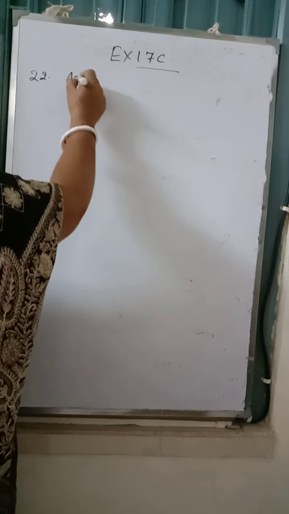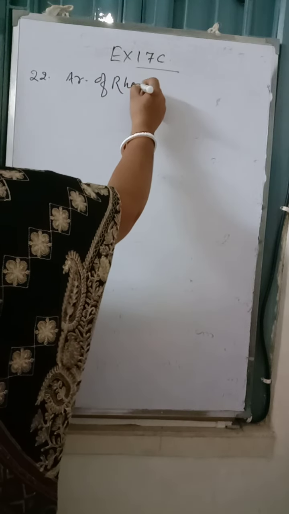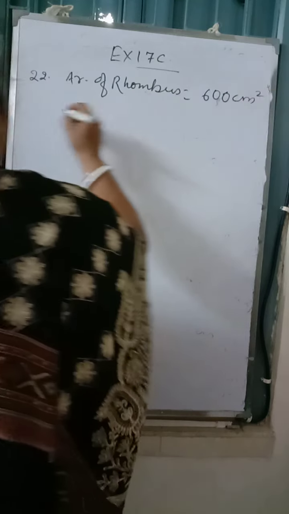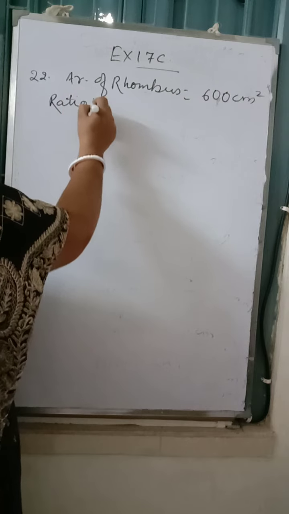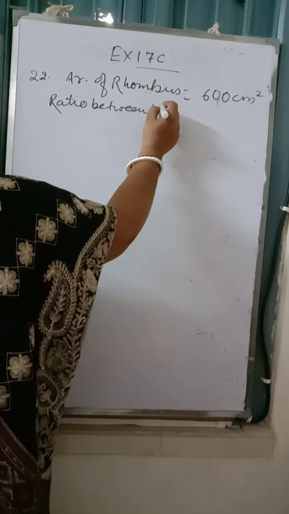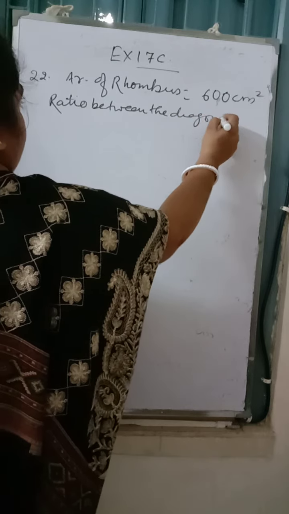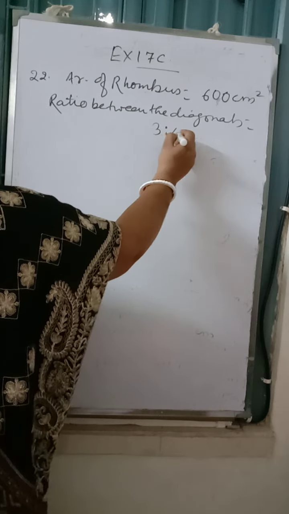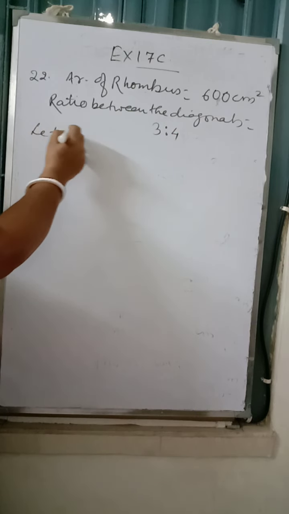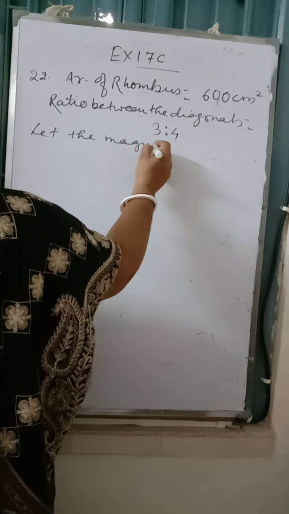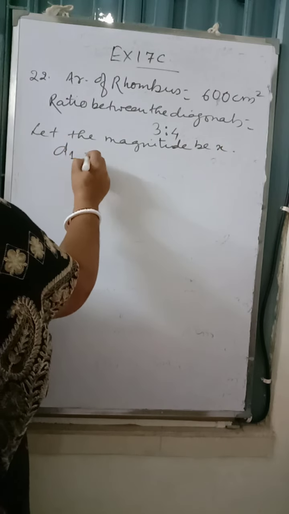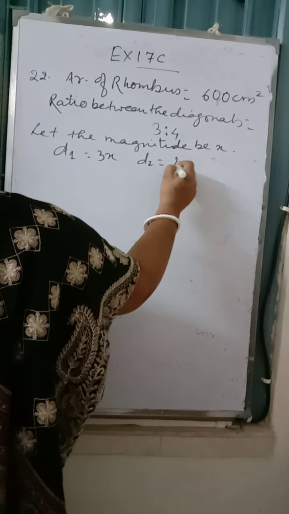Area of rhombus is 600 centimeters square. Ratio between the diagonals is equal to 3:4. Let the magnitude be x. So d1 would be 3x and d2 would be 4x.